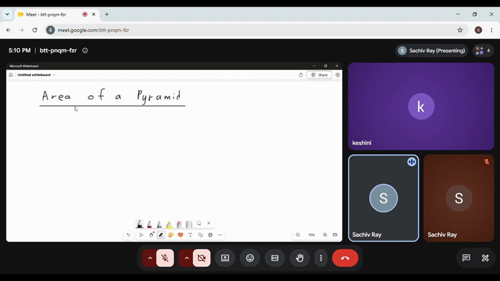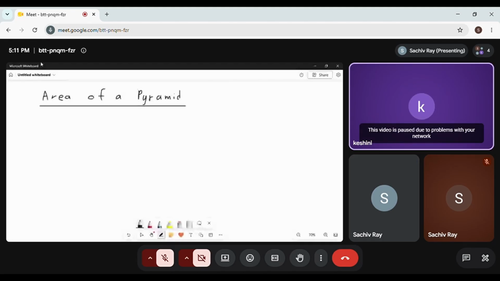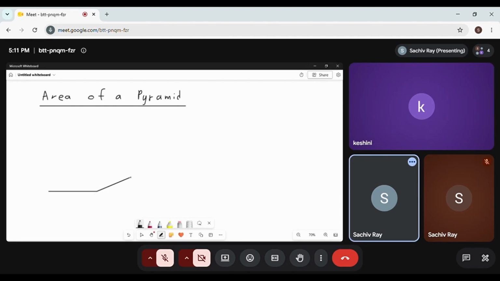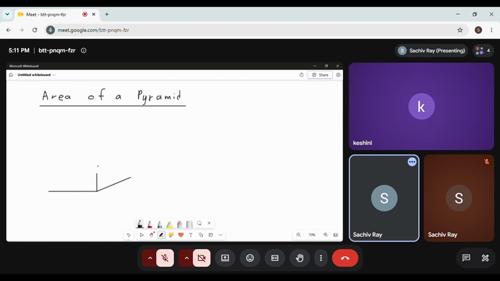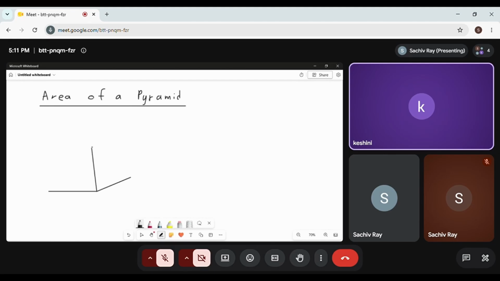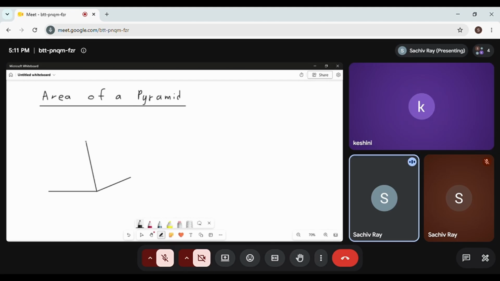First, let's try to draw a pyramid. I'll draw the base. Right, and it is a different color. Show the other side.